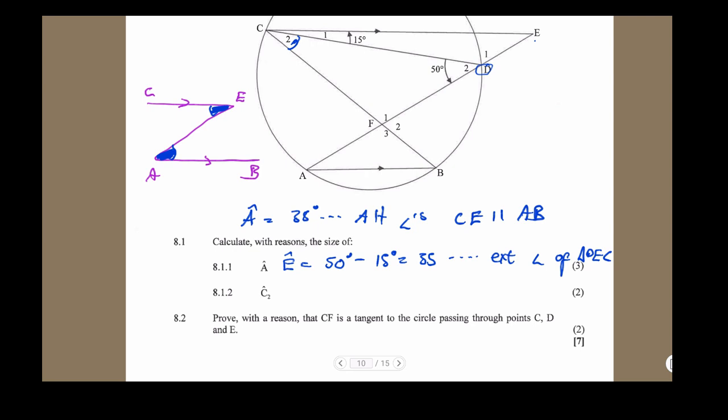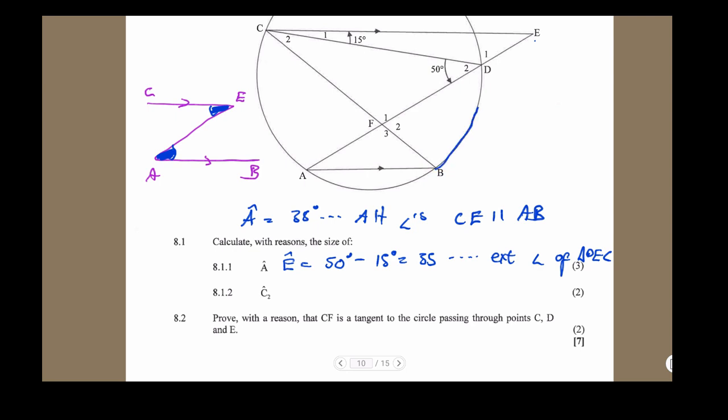Do you see that this is A1 and this is C2? They are produced from this segment here. So let me erase this. You learn this in grade 11.